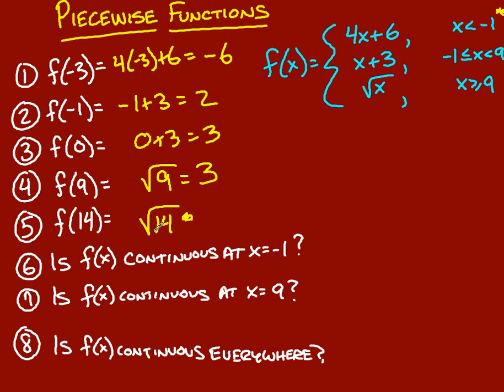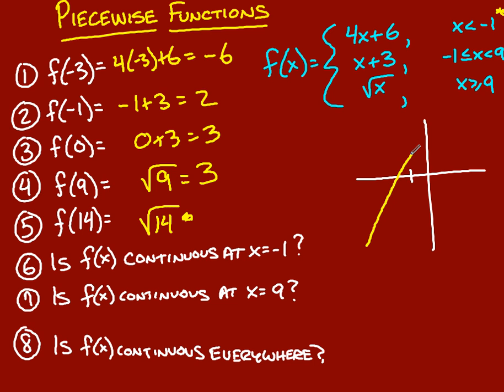What we should have been able to do, 1 through 5, hopefully pretty easily. 6, 7, and 8 are the new ideas when it comes to piecewise functions, talking about continuity. Just for an idea of what's going on with this graph, let me graph out what it looks like. Until we get to -1, we have a function that's going up pretty quickly. It's 4x plus 6, so it probably looks something like this.